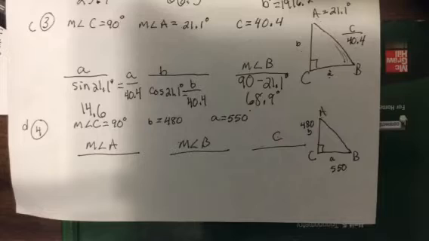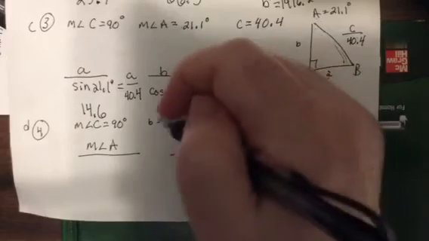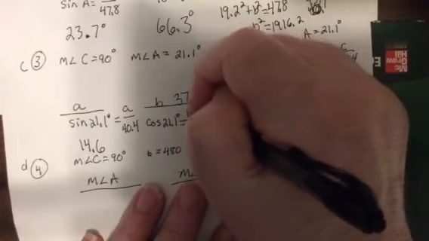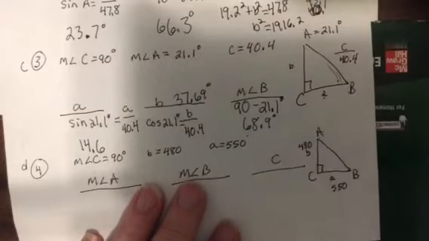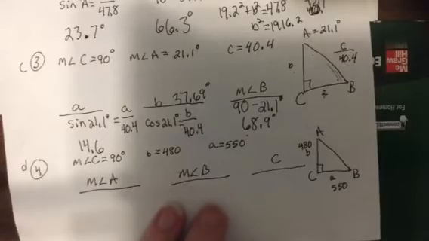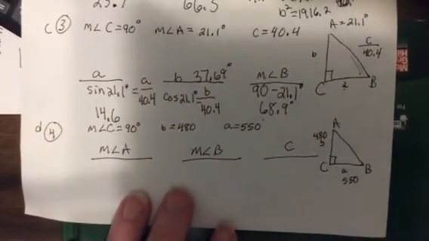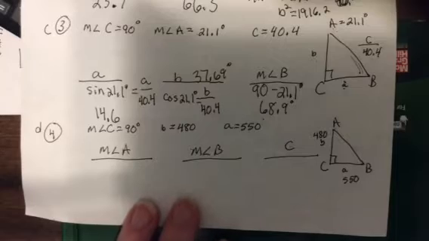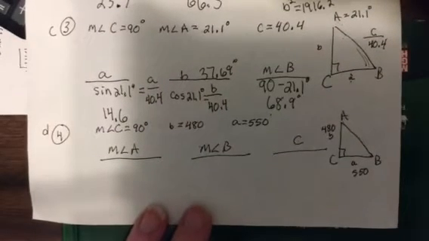So that would be 40.4 times the cosine of 21.1. And I get 37.69 or 37.78, somewhere in there. It might be a little bit different. Like I said, if you're off a tenth, that's not a big deal most of the time with trig, because it depends on how good your calculator is.